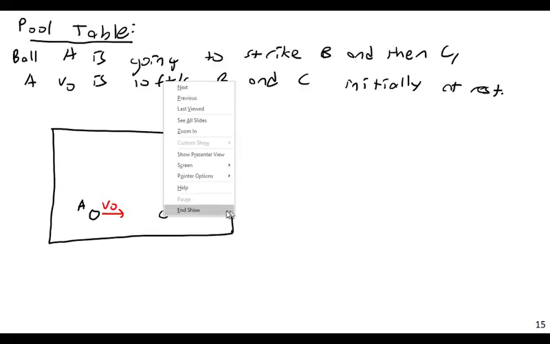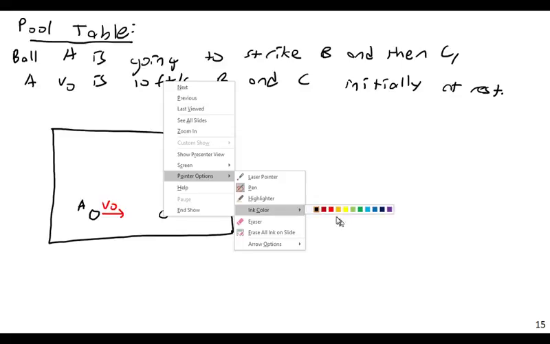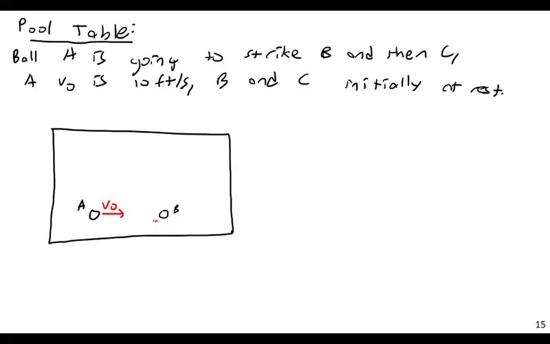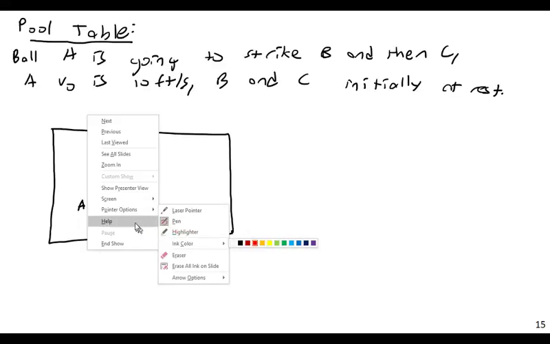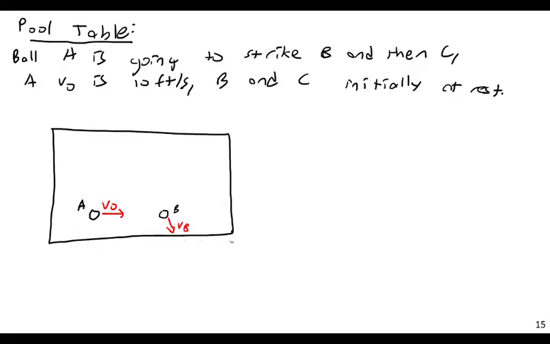And ball B will hit at B prime, and it ends up with a VB, and it strikes the wall at B prime, which is 7 feet from the bottom left corner.